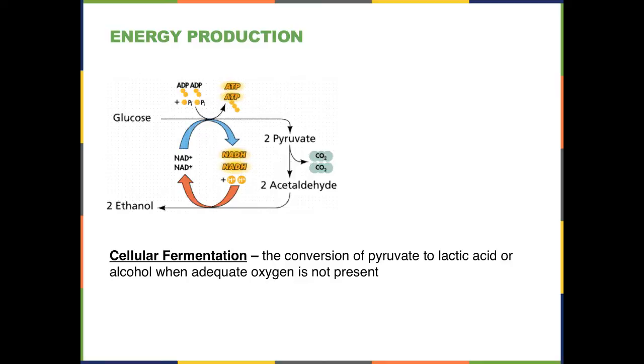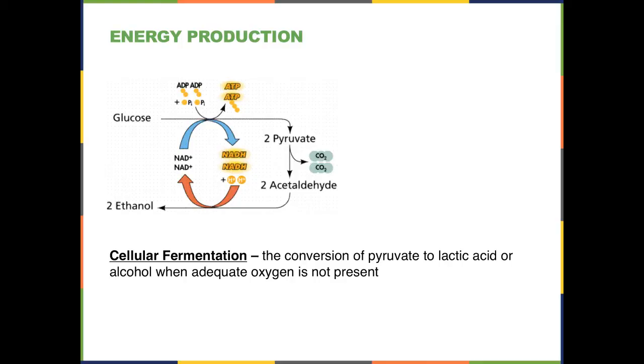Here's an example of when alcohol is formed, and this is what occurs in yeast cells. What you have is glucose being converted to pyruvate, just like the glycolysis that we've seen before. But instead of being converted to acetyl-CoA, 2 carbon dioxide molecules are stripped off and you form something called acetaldehyde.